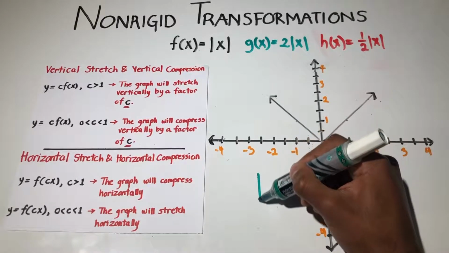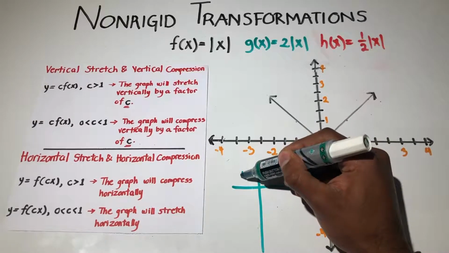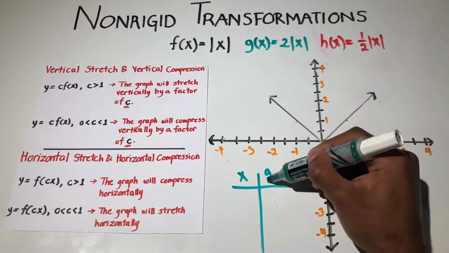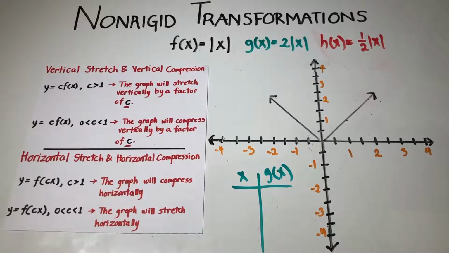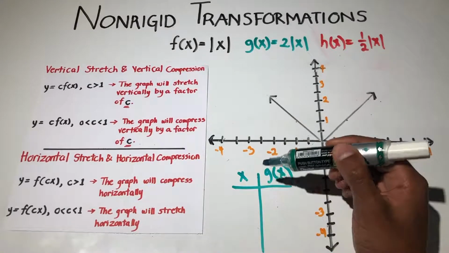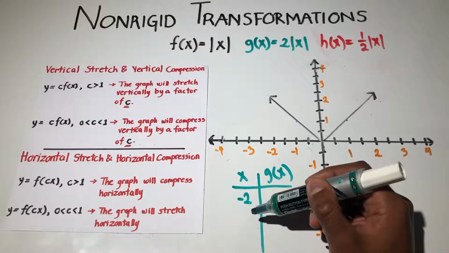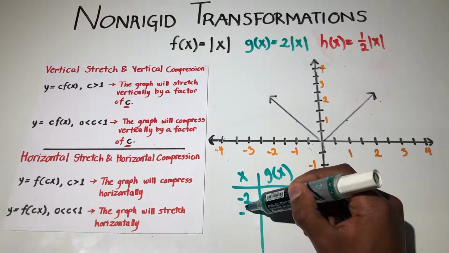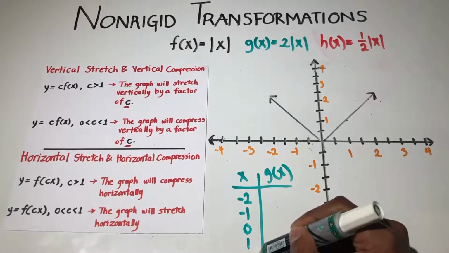So we have x, then we have g of x. Now if we use values like, let's say, -2, just to get a more accurate graph, -1, 0, 1, and 2.